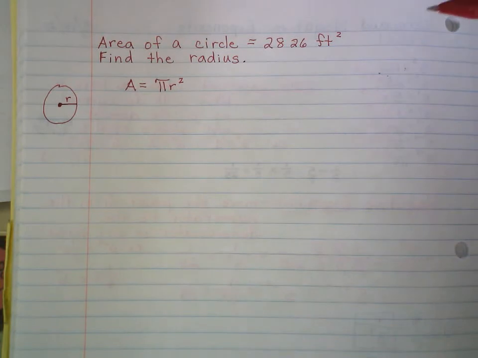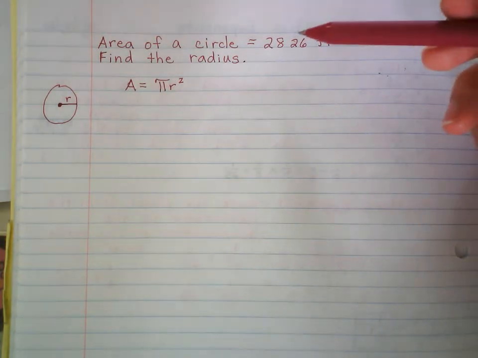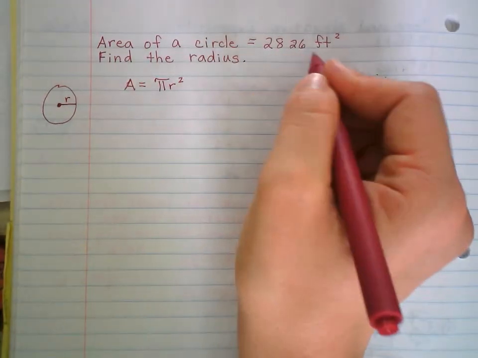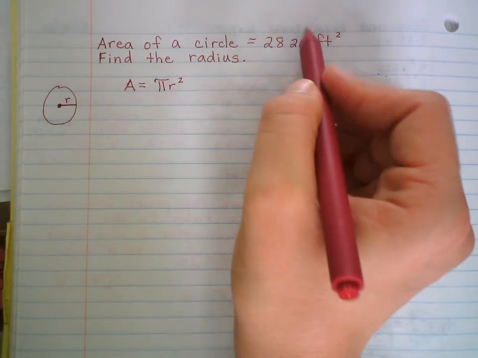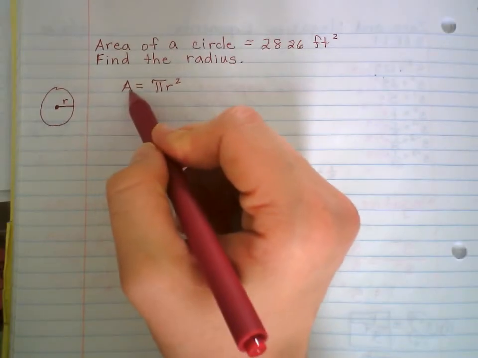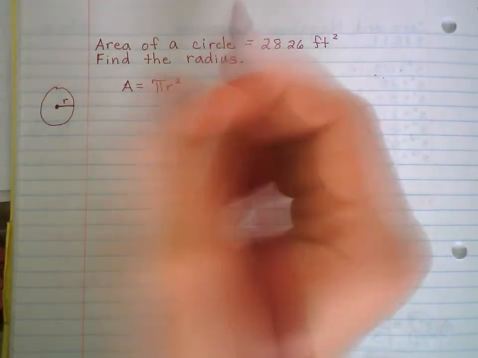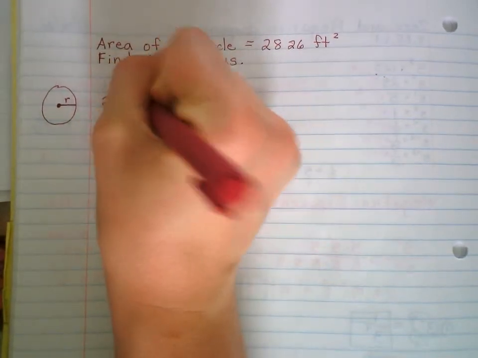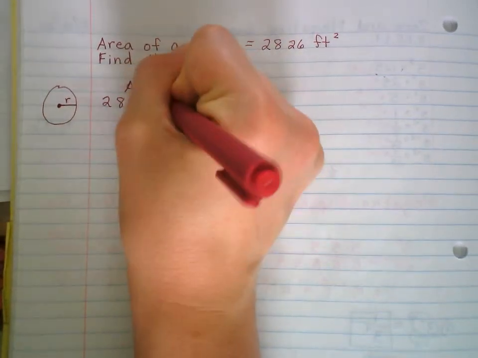And they told us that the area of the circle is 2,826. So we can substitute it for A, area, because that's the area of the circle. So 2,826 equals pi r squared.